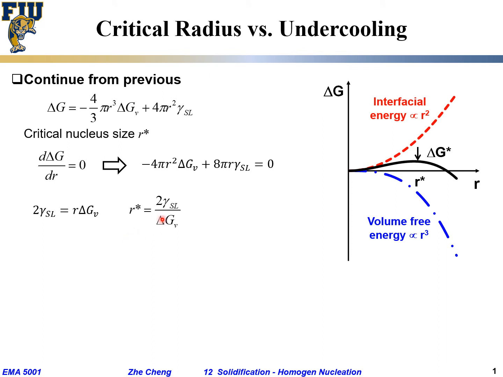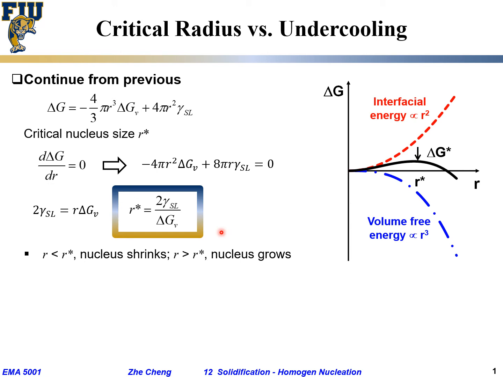So r star would be 2 times the interfacial energy divided by your driving force, or the volume free energy change, which depends on the so-called undercooling. This is a very important relationship. It tells us the critical radius, the radius where you reach the top of the hill, is given by this one.